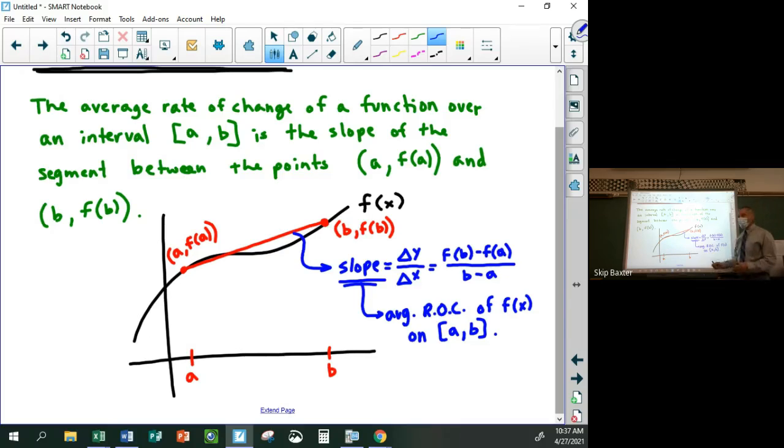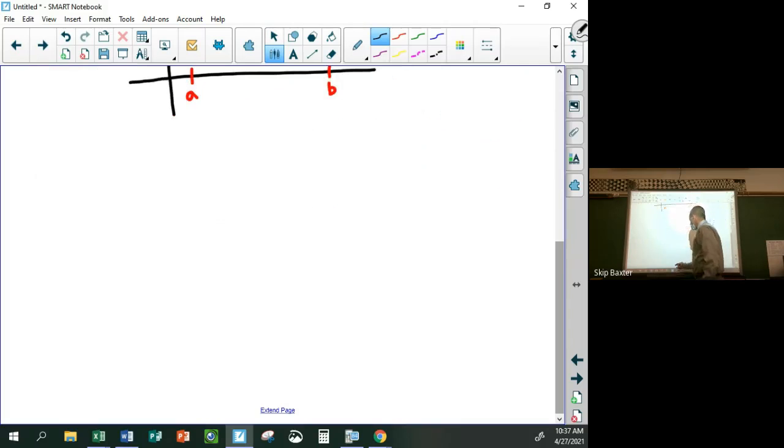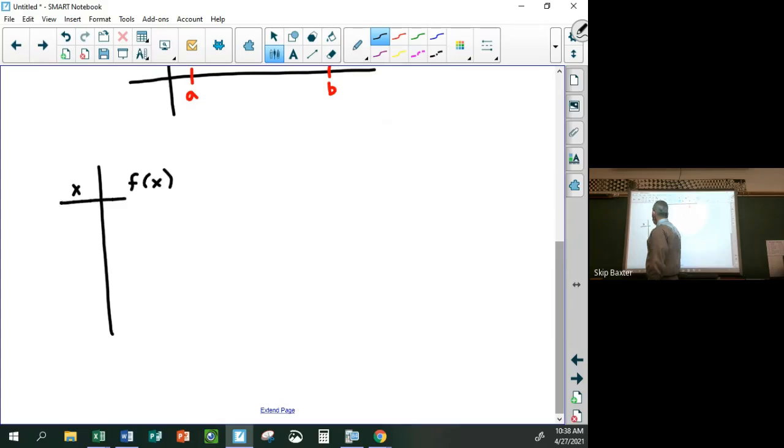So they're either going to give you a graph or a table of values, and they're going to ask you to calculate average rate of change. For example, if they give you a table, it would look like this. They'd have x and f of x. They give you some x values, like maybe 1, 3, 5, 7, and some y values like -2, 0, -3, 5, something like that.